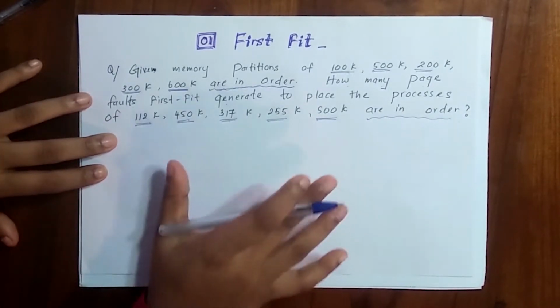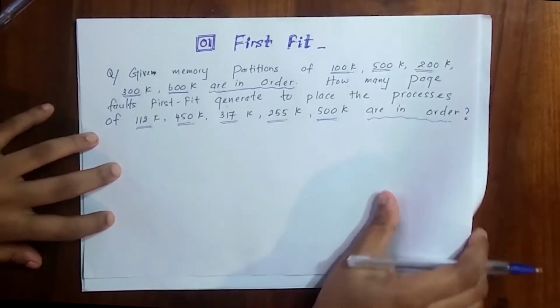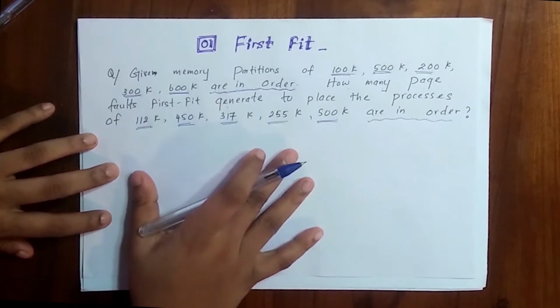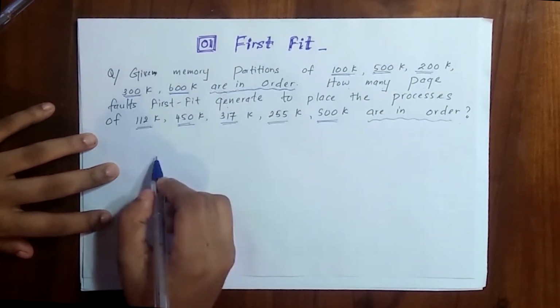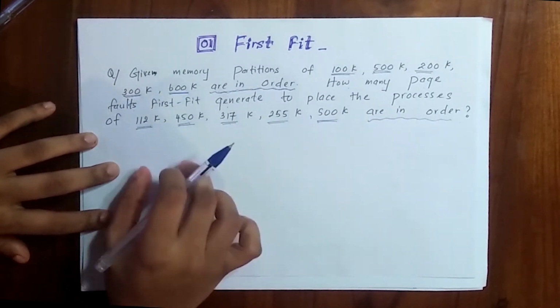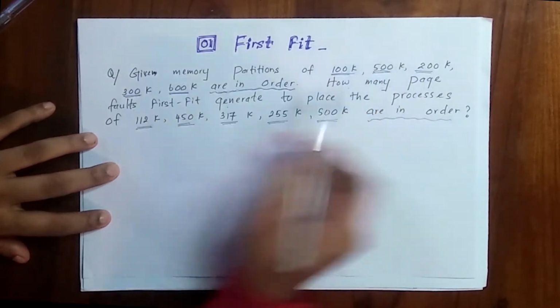So now let's start answering. What we have to do here is draw a table that only contains rows. So we have to draw a table with rows representing these partitions.